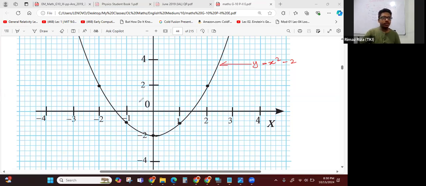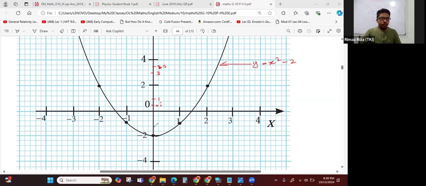Here this is 2, here it will be 1, here it will be 0.5. So all these values are positive values: 2, 3, 3.5, 3.6, 3.7, 3.9, 4, 4.1. All these values are positive, right?